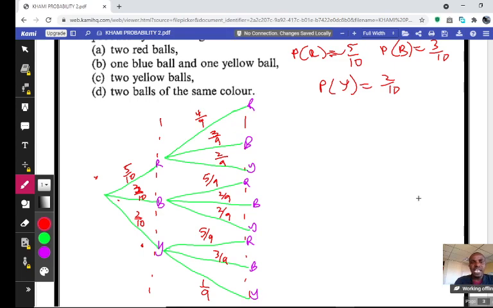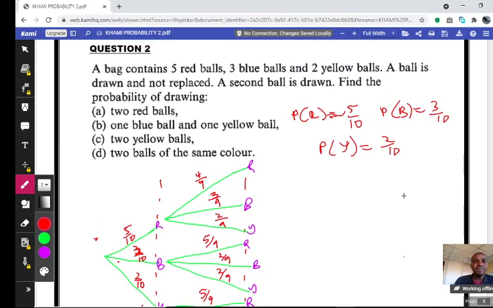So the first part is saying, find the probability of drawing 2 red balls. 2 red balls. It means a red followed by red. Let me just do it here. So probability of, that's part A, red followed by a red is equals to, you can take the first part, top part, is R. It will be 5 over 10 times 4 over 9.